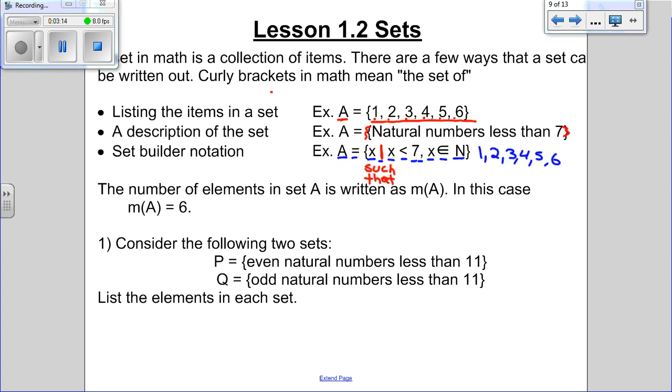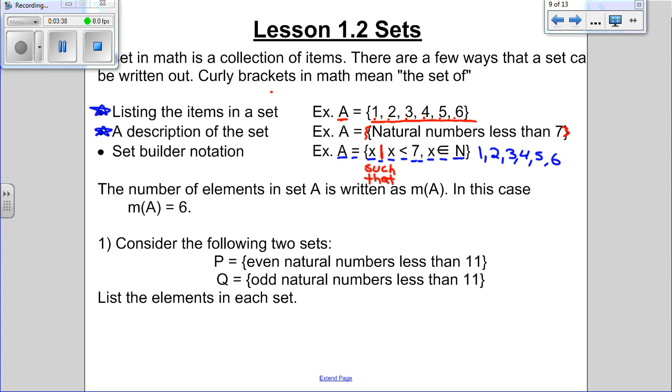So really, all three sets are the exact same. It's just three different ways of talking about that set. Make sense? The most popular ways you're going to see in this unit are these. We probably won't see any set builder notation. Might throw one in there if I'm just really upset with you guys or something. Alright.